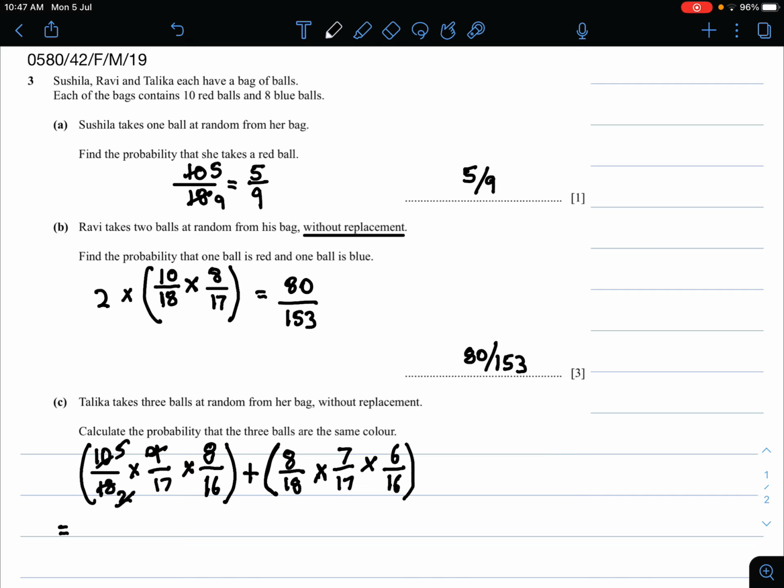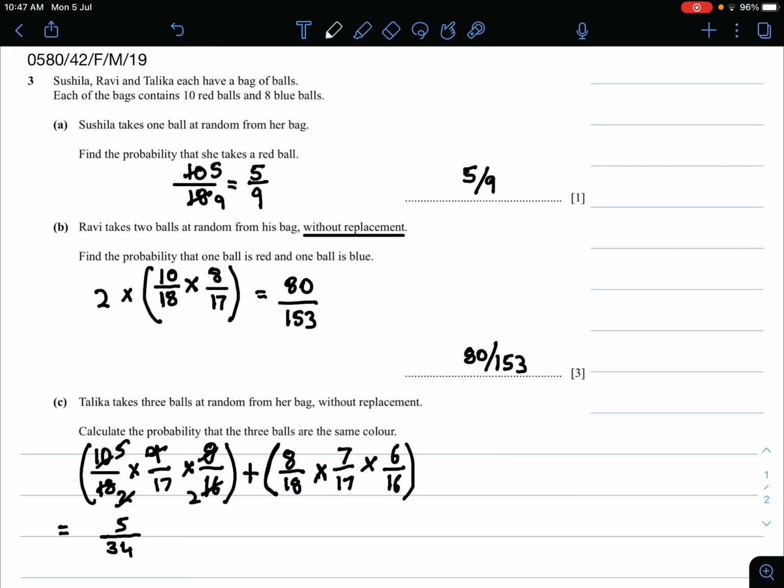So 5 multiplied by 8 divided by 17 multiplied by 16 would give us, my bad, 1 second, 17 multiplied by 16, 40 divided by, so 5 by 34, because you can cancel the 8 and the 16 as well, because 8 2s are 16.